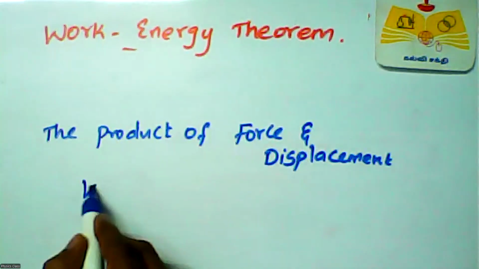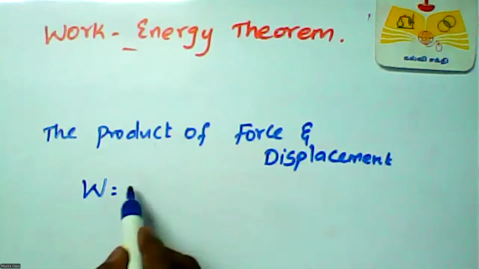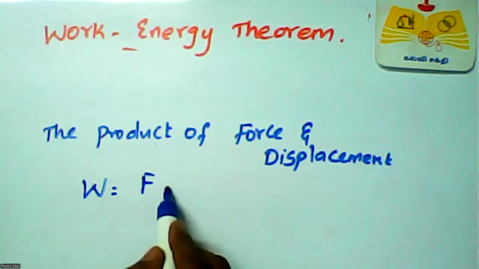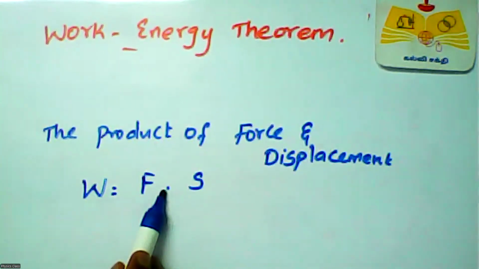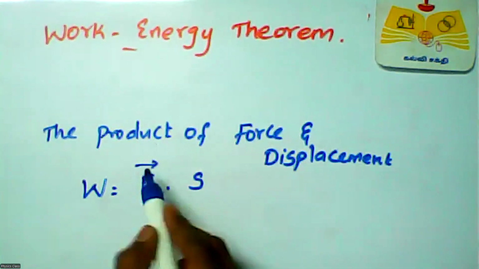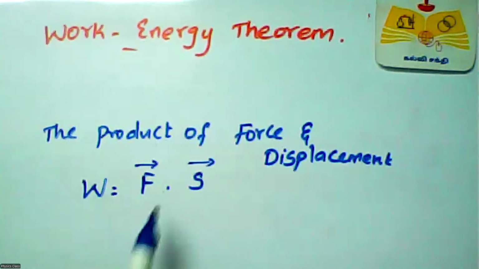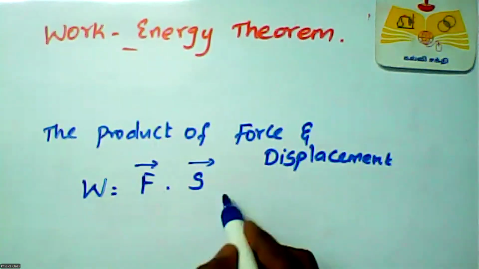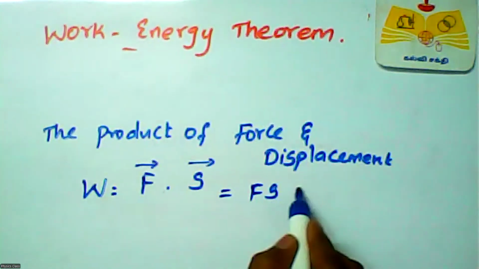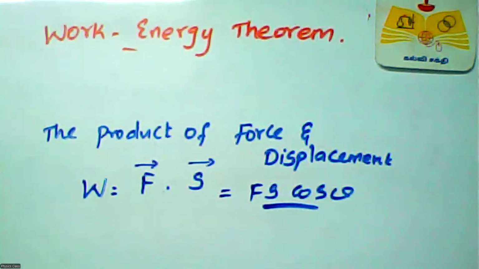So W, which is the symbol for work, is equal to the dot product of force and displacement. Force is a vector quantity, displacement is another vector quantity, so here it is the scalar product or dot product, F dot S. You can expand it as F s cos theta, which is the magnitude of that work done.